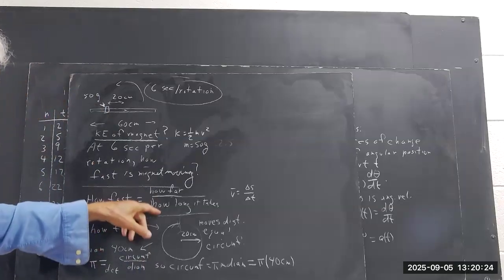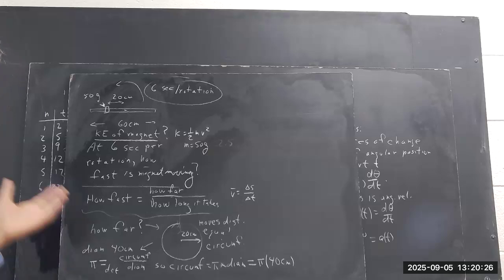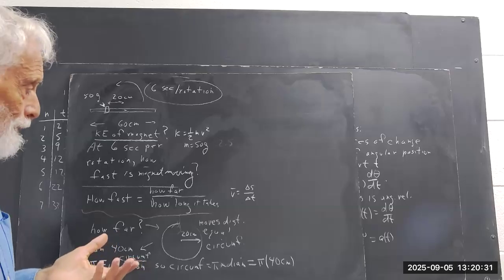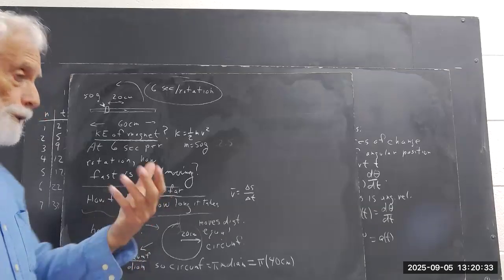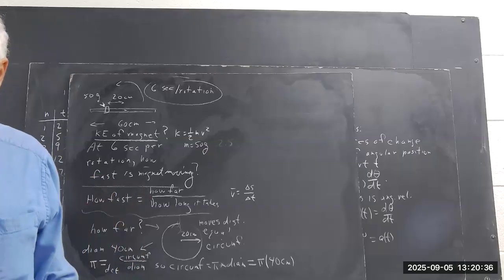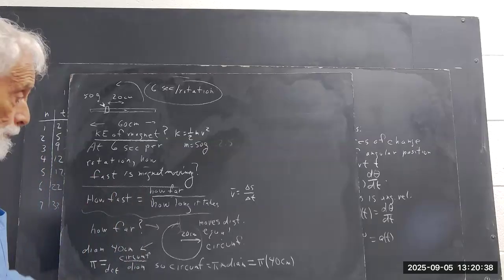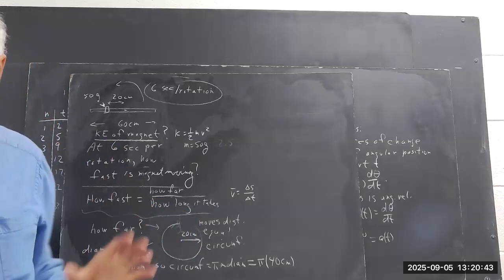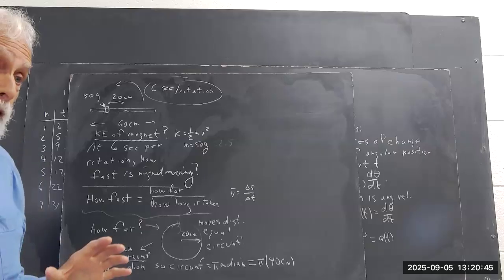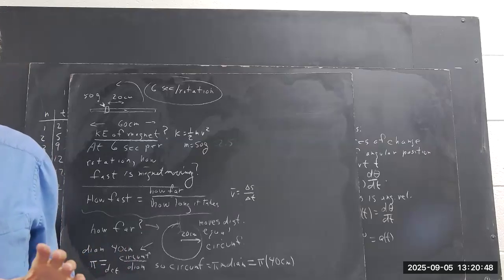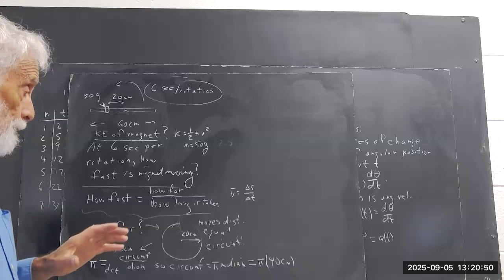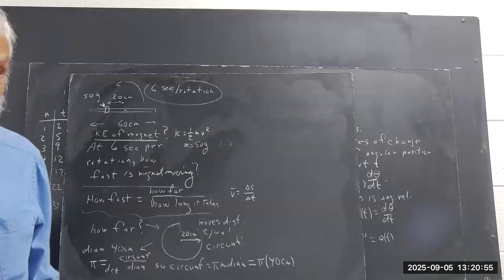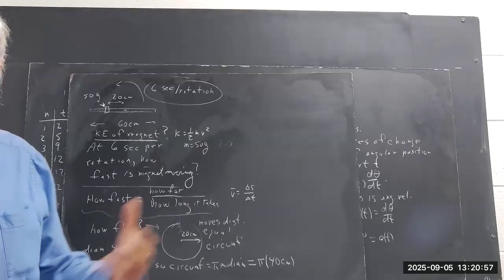Okay, so how fast is how far over how long it takes? So how far? How are you going to calculate how far? You could write down circumference equals 2 pi r or pi d. But I think about half of you missed that. Half of you had this thing moving at 120 centimeters per second, which is unfortunate, 120 centimeters in 6 seconds. You got the 120 centimeters.